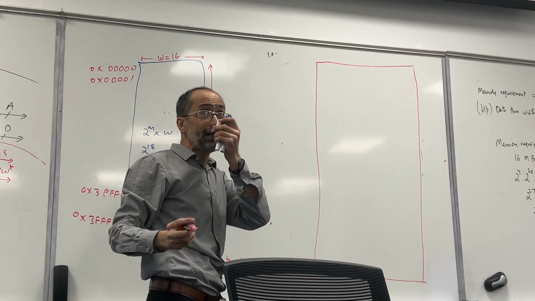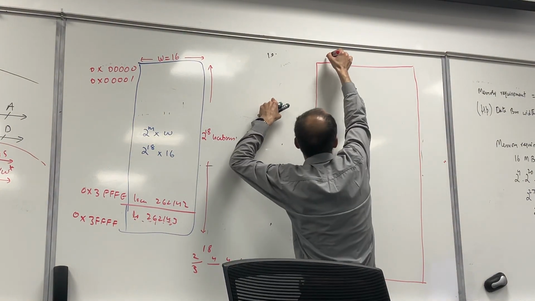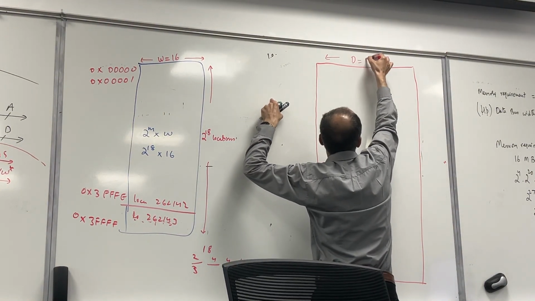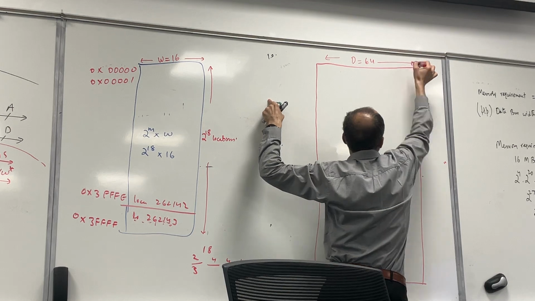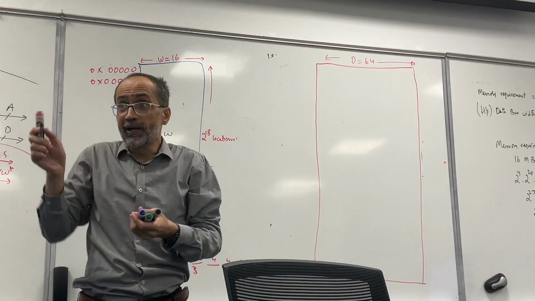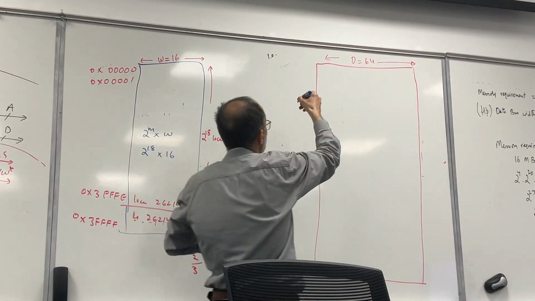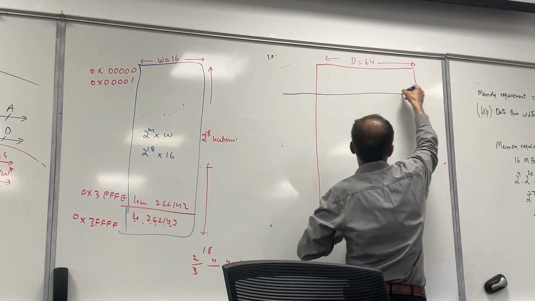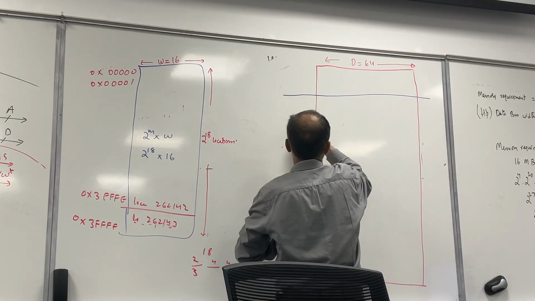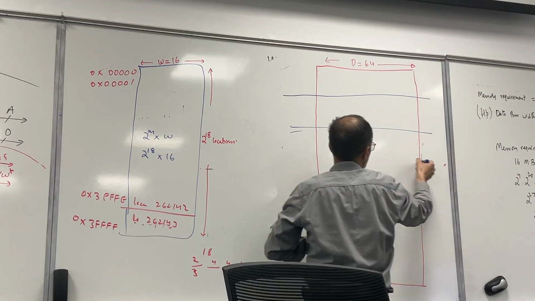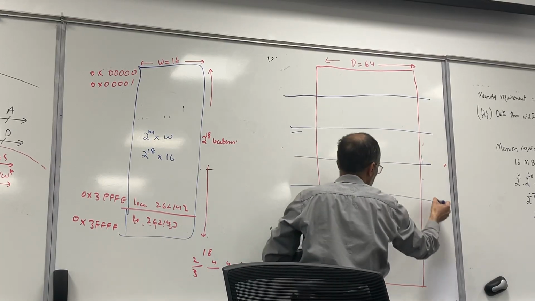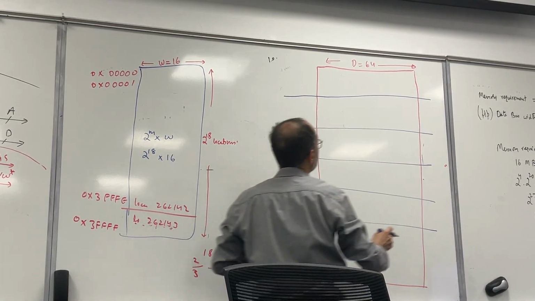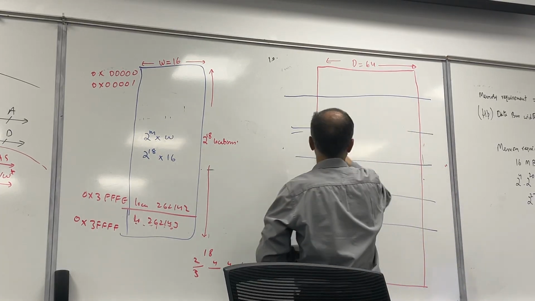This can be logically partitioned. The width was 64 here. Since we have 8 rows, we can divide this into 8 rows: row 0, row 1, row 2, row 3, row 4. I think I can make the space a little bit bigger.